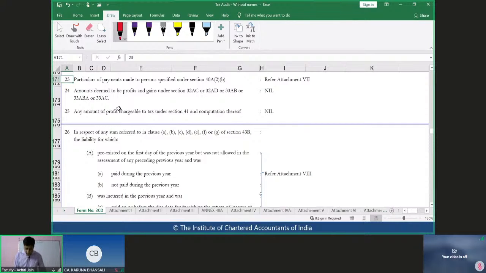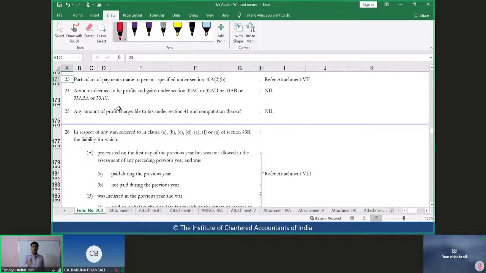Auditor will also need to look at some of the transactions in relation to the past records. Because on the basis of the past records, on the basis of some of these transactions which would have been reversed during the year and which would have resulted in income during the year, auditor will get to know whether they would really fall under section number 41 or not, which will again require a careful scrutiny of the books of accounts in terms of the other income which may have been recorded, or in terms of certain credits which may have been made to the expenses, because some of these types of income may be reflected under the expenses in the credit side.